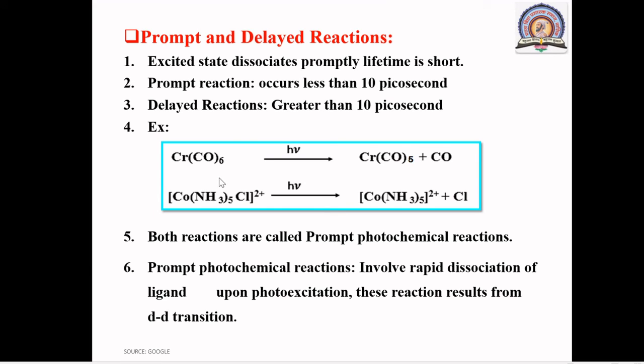I again repeat, prompt reactions occur in less than 10 picoseconds, while delayed reactions occur in greater than 10 picoseconds. These two reactions are prompt photochemical reactions involving rapid dissociation of ligands upon photoexcitation, and they result from d-d transitions.